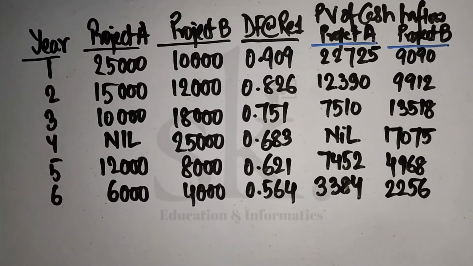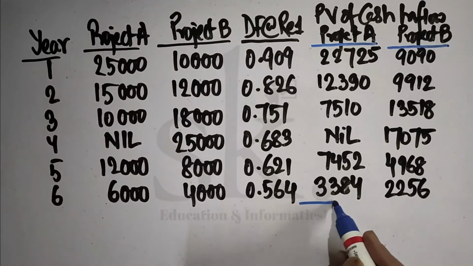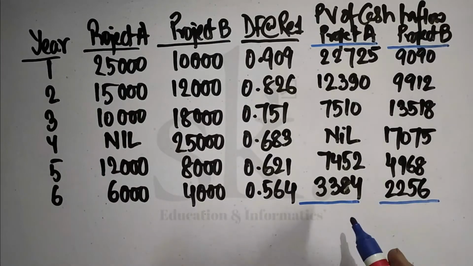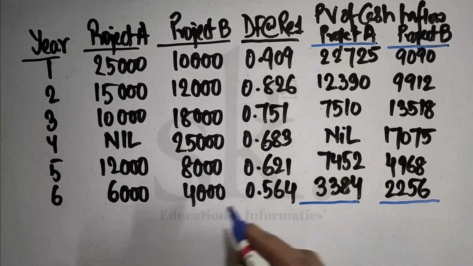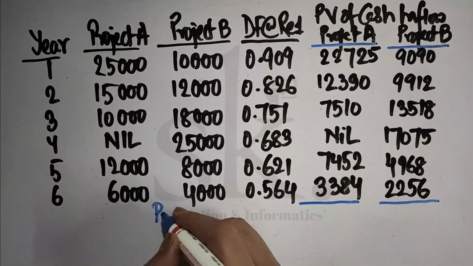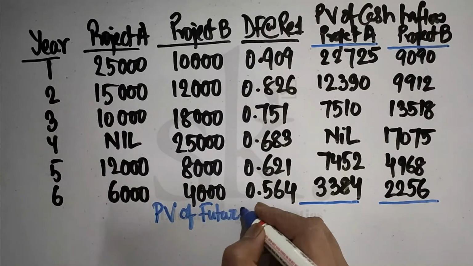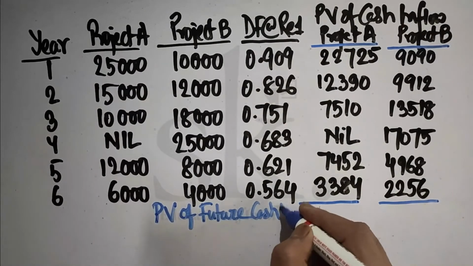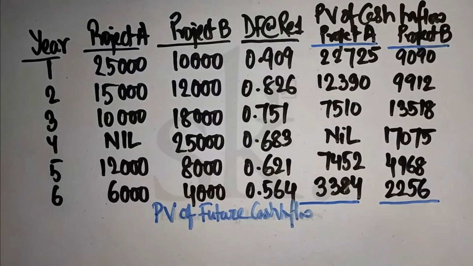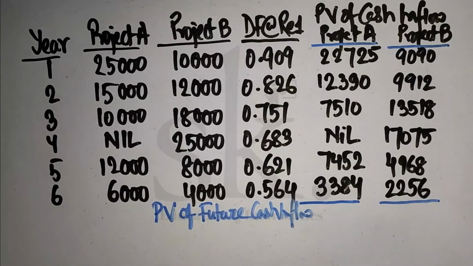So if we add up, what are we going to get? We are going to get the present value of future cash inflow. So what will be the present value of future cash inflow of project A and project B?